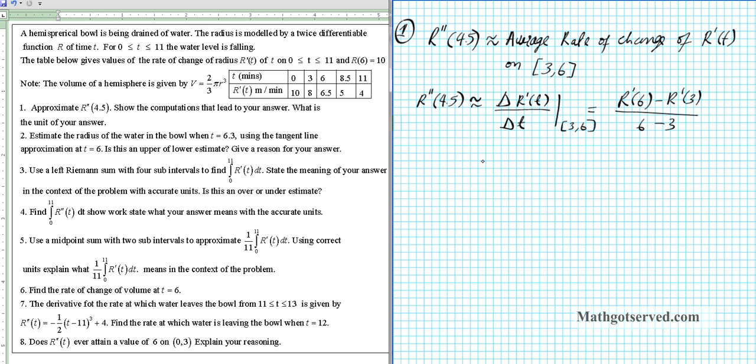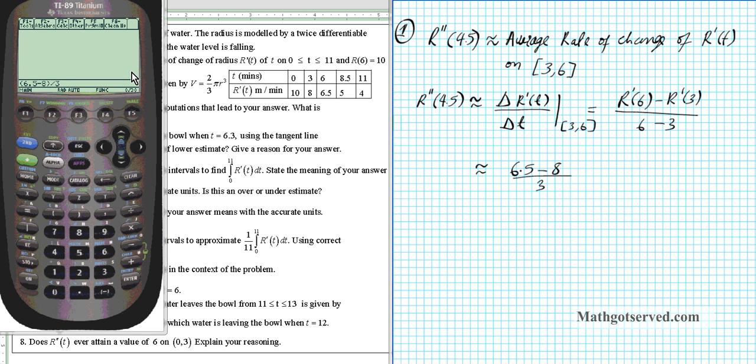Okay, so let's go ahead and finish this off. That's going to be approximately r prime of 6 is 6.5, so 6.5 minus r prime of 3 is 8, divided by 6 minus 3, which is 3. Just plug that into our calculators.